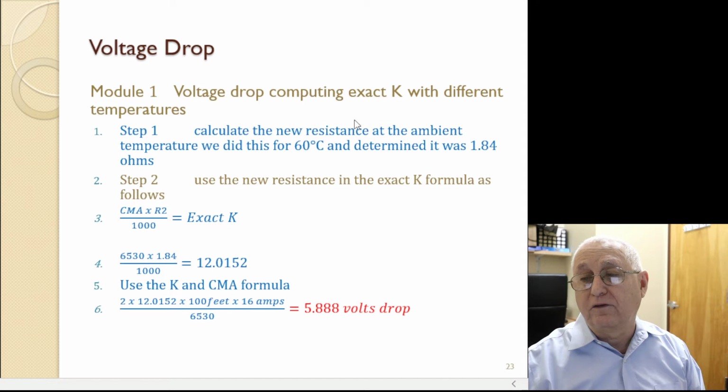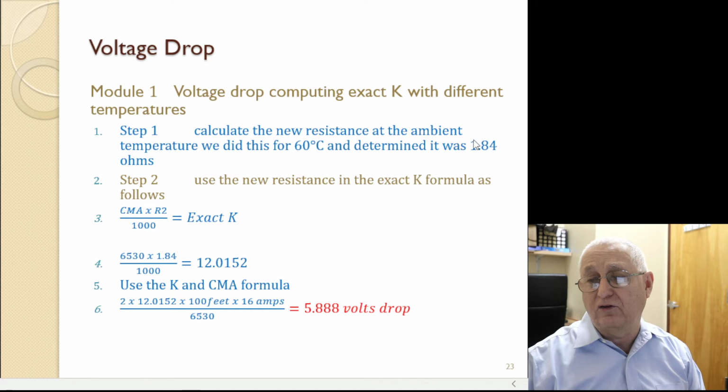We're going to calculate the new resistance at the temperature change. This is step 1. Calculate the new resistance at the ambient temperature. We did this for 60 degrees C and determined it was 1.84 ohms. Step 2. Use the new resistance in the exact K formula. Now we're using a different formula.